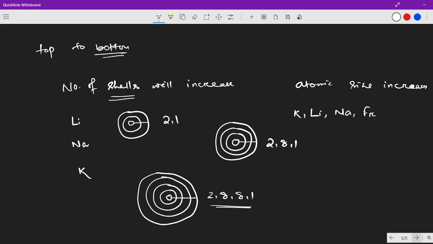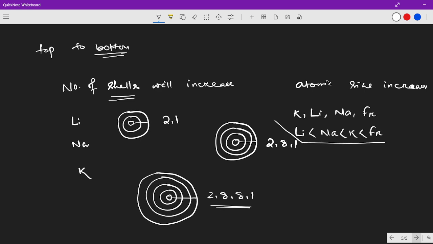Arrange these according to the increasing order of their atomic size. Increasing order means smaller to greater. So first lithium, then sodium, then potassium, then francium. This is how questions will be there in a board exam.